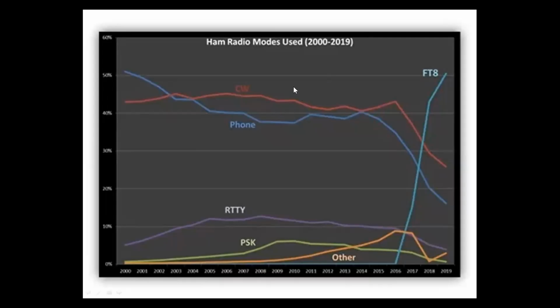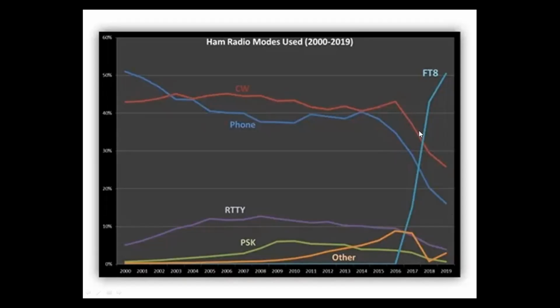There's been a big, I wouldn't call it a revolution, but a big breakthrough in a digital mode, several digital modes that ham radio's been using the past few years. This is a graph showing the percent of modes used by ham radio operators, where this blue line is phone or single sideband, and you can see it kind of declined over the years and took a pretty healthy drop starting about '15, '16.